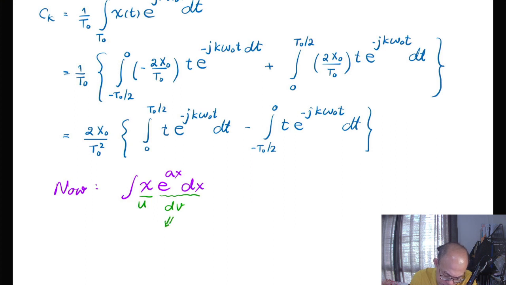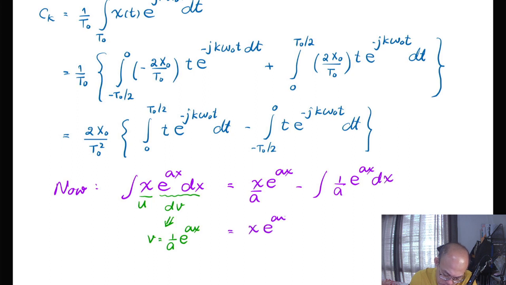So this means that v is equal to 1 over a e to the ax. Okay, so this integration is equal to uv, which is x e to the ax over a, minus the integral of v du, so 1 over a e to the ax dx, and that is x e to the ax over a minus e to the ax over a squared.